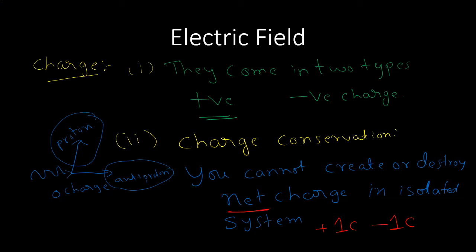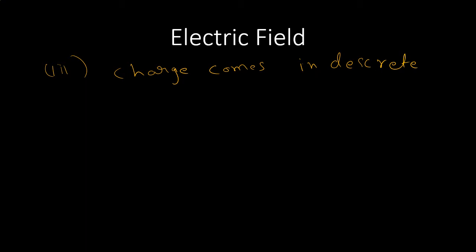Next property, the third one, is charge comes in discrete amount, and the minimum amount for our purpose is 1.6 into 10 power minus 19 coulomb, which is the charge on the electron.